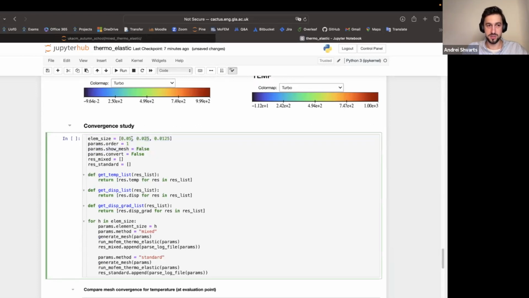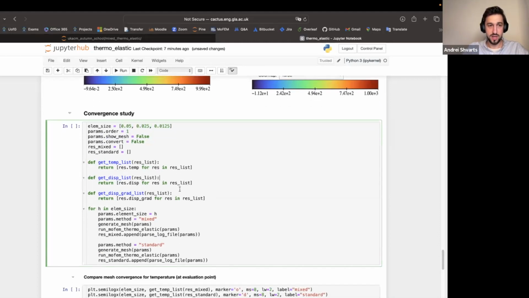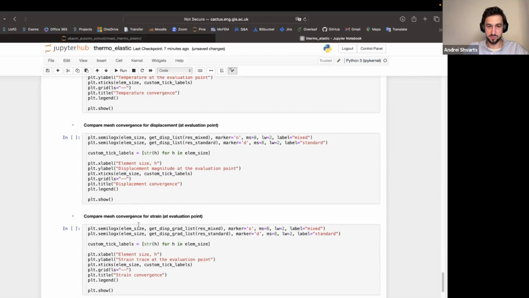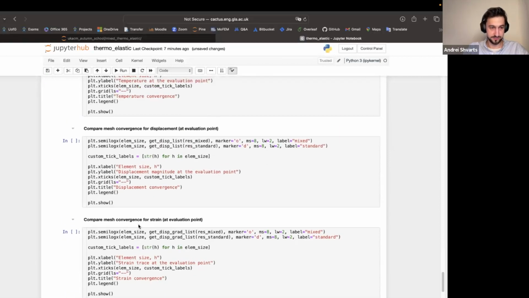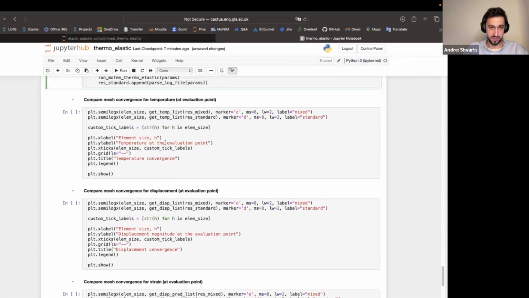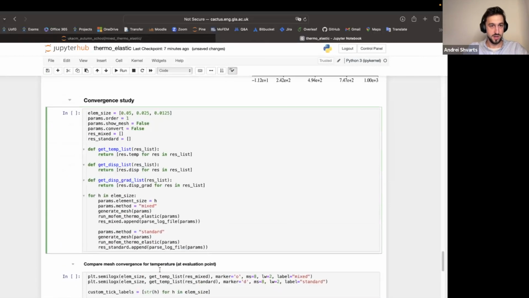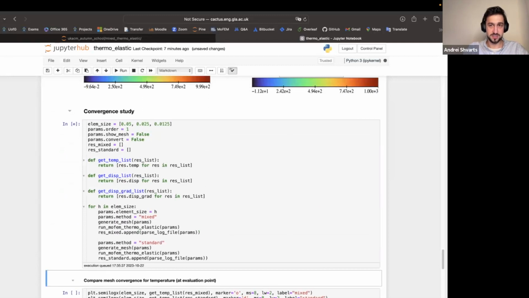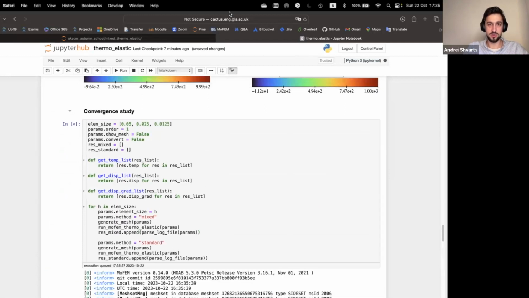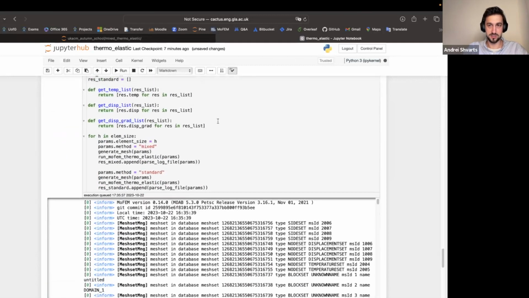The first two are the ones that we ran the analysis with, and the third one is an even finer one. And we're going to look into a series of plots of how the mesh convergence for temperature, displacement, and strain takes place. So I'm going to just start this analysis. It takes a while, so I'm going to pause the recording and come back when it is ready.